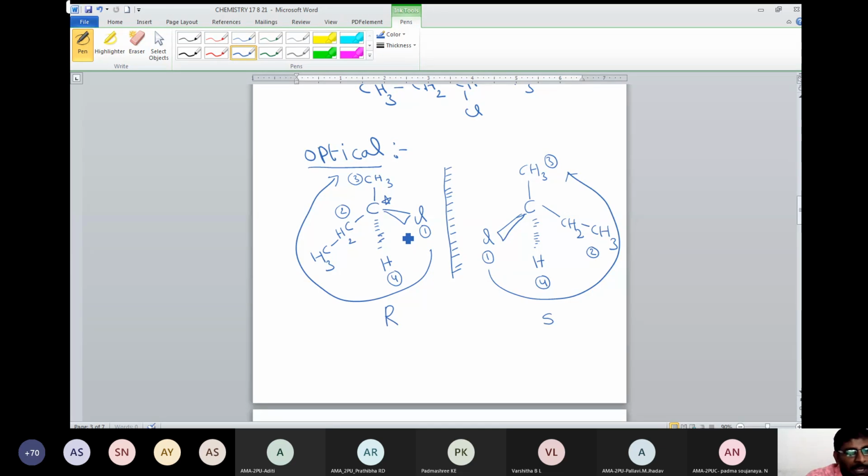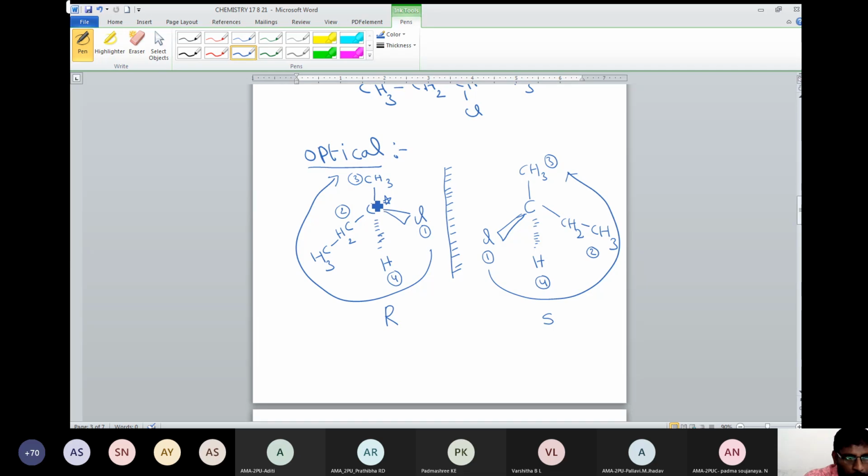Optical isomerism I already explained. Practice that if anyone has not understood. What is optical isomerism? They are non-superimposable mirror images. Both are mirror image molecules. If this molecule were placed above this molecule, no matching takes place. That's why these two are non-superimposable mirror images.